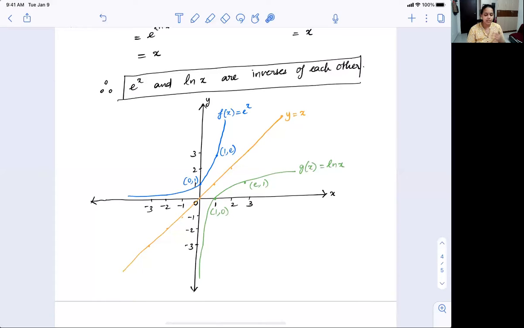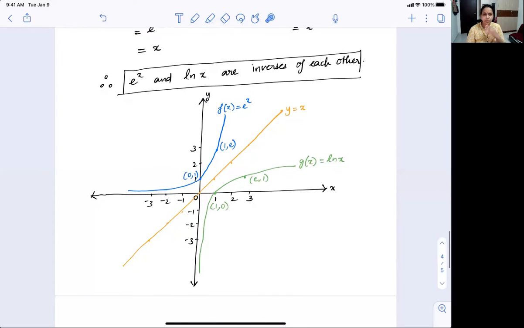There's just a lot of symmetry here. Check these two points: when e power x is e, ln x is e at 1, and this is equidistant from the y equals x line.